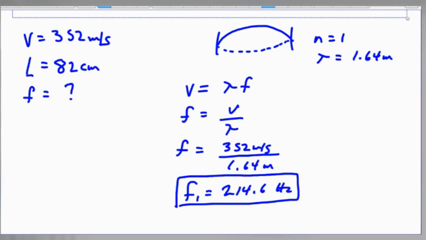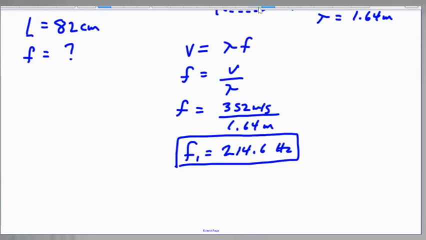What would the next one be? Here's a nice easy formula, I'll put it in green so you can see it. The nth frequency is just going to be the number of standing waves times the fundamental frequency. So what does that mean?